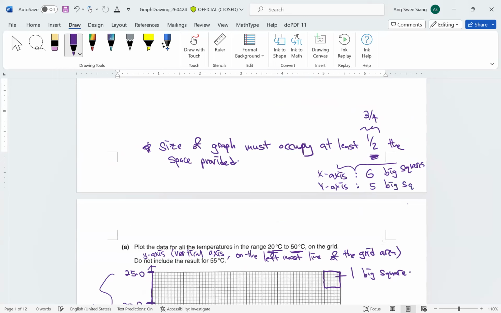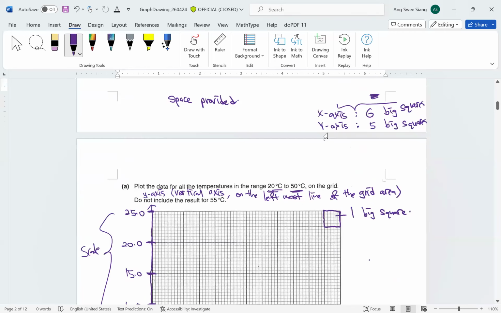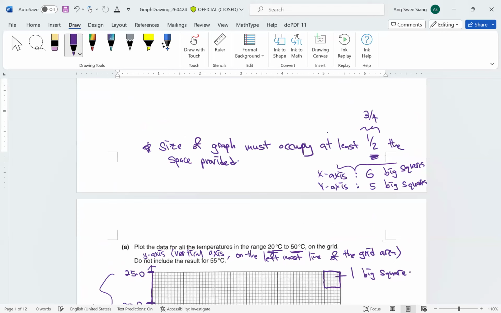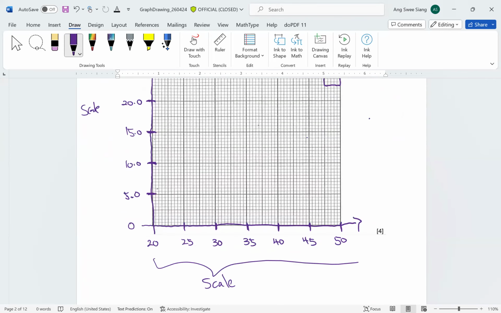That means your graph must be bigger than 5 big squares for the y-axis, and at least 6 big squares for the x-axis. The method that I just went through with you allows you to fulfill this requirement easily. I hope you all remember that.